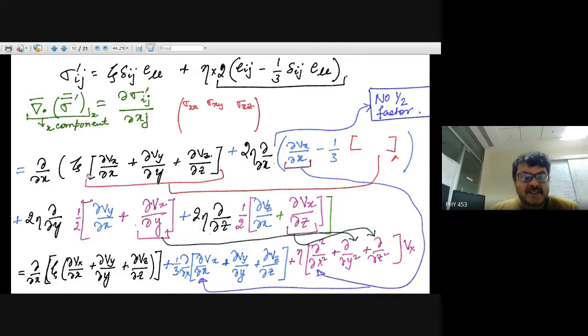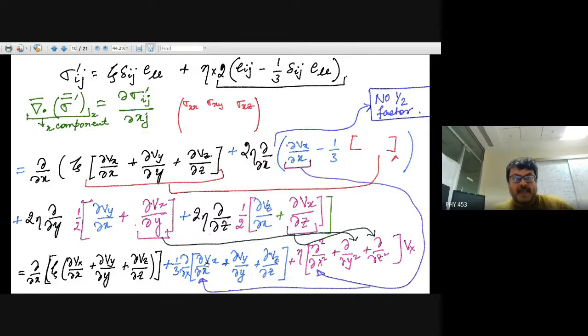So this I have just written in black, right? So it's a del del x of these, this, this, and one term from here comes here. So remember there's a 2 eta here. So 1 eta del del x of del v x del x comes here.